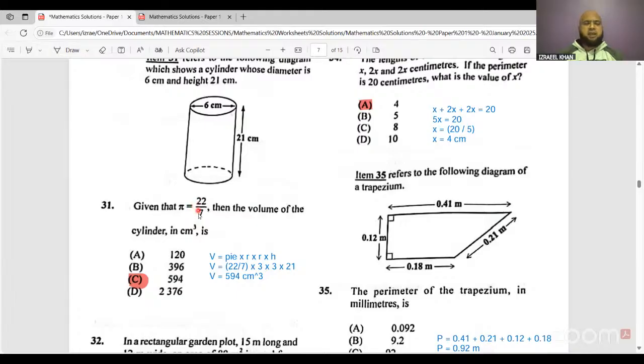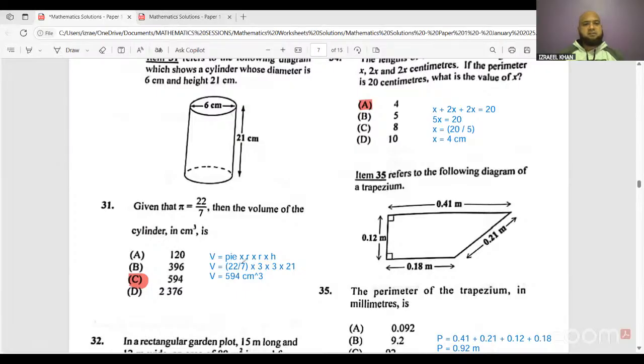Now, what is pi? 22 over 7 by what is the radius? Well, if diameter is 6, what would be the radius? Half, right? So half of 6 is what? 3. By 3 again, and what's your height? 21. All right, so working that through, I could just show you quickly.